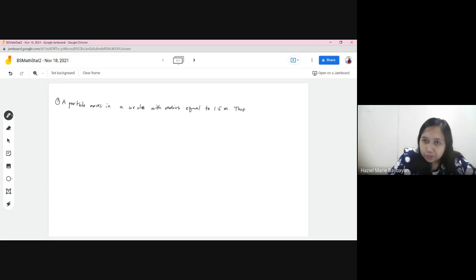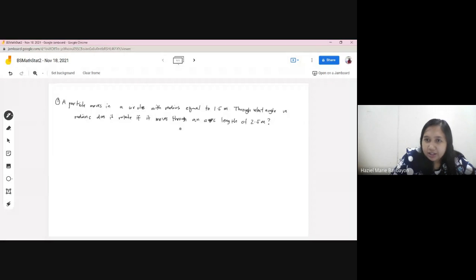So the question is, through what angle in radians does it rotate if it moves through an arc length of 2.5 meters? And then what is the angle in degrees?